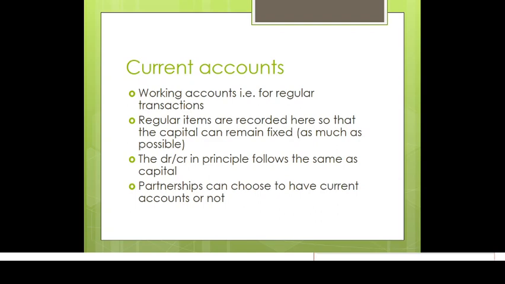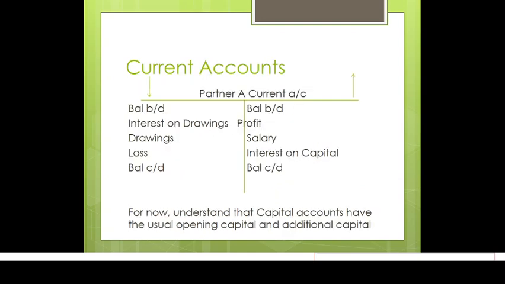However, if they want a current account, then regular transactions go into the current account, and capital is used for what it has always been used for, the level of investment in a company.